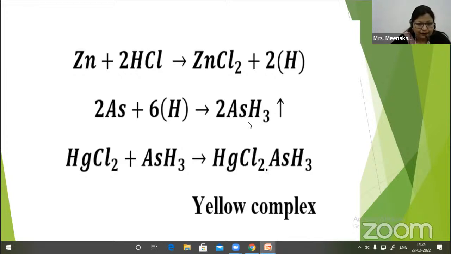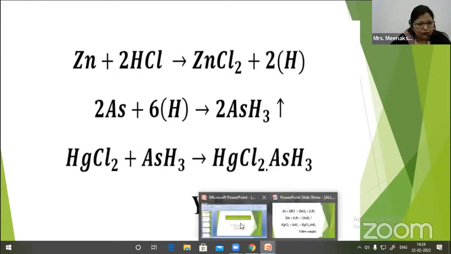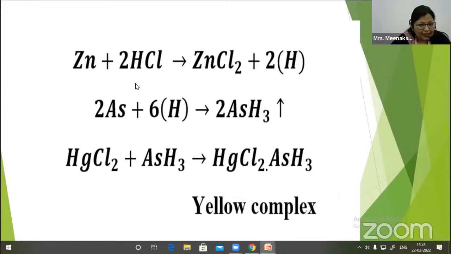So this is a gas, and it goes to the mercuric chloride paper and gives us a stain on the paper. HgCl2 twice AsH3 is a complex that is formed, a dimercurate complex, which gives a yellow stain on the mercuric chloride paper.